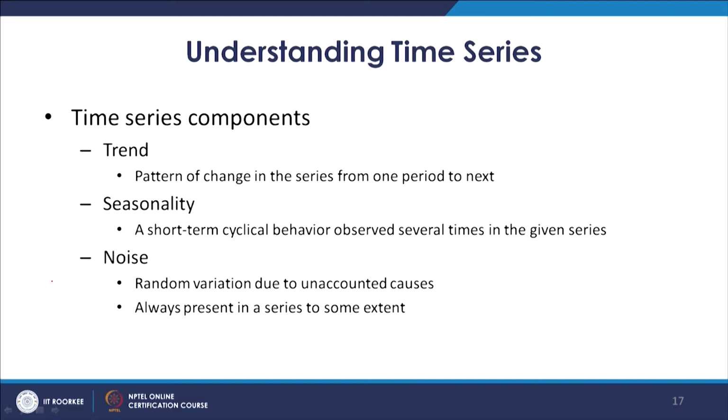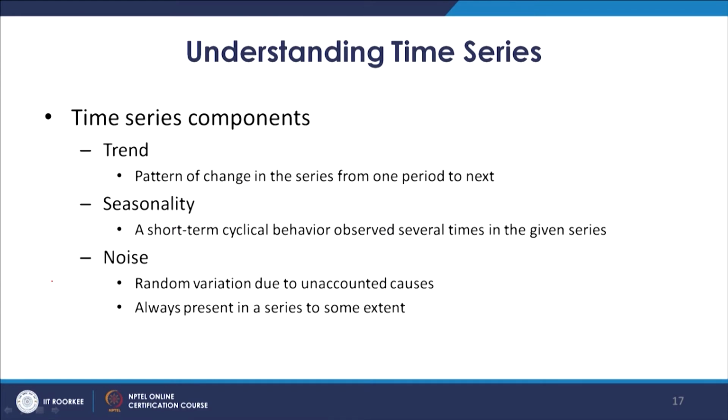The third component, which is also very important, is seasonality. What is seasonality? As you can see in the slide, seasonality can be defined as a short term cyclical behavior observed several times in the given series. Typically, what swings do we see in a particular series? If those swings are short term, they keep on reoccurring in a cyclical manner several times within the overall time period of the series, that is defined as seasonality.